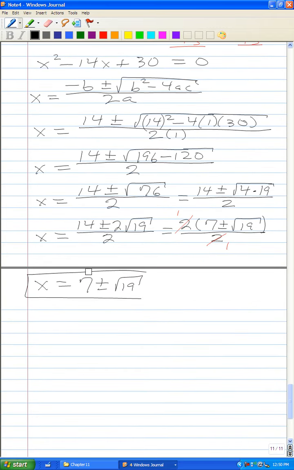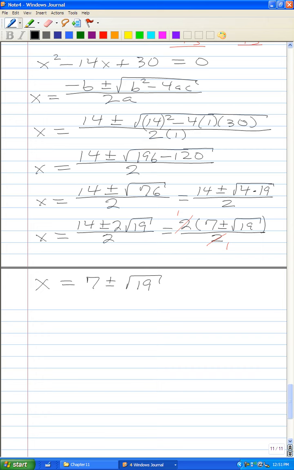wait 1 second. This is a word problem. And so 9 years ago, well, 7 minus rad 19 will actually be a negative number 9 years ago. So we don't want negative ages. And so he has to be at least 9 years old.